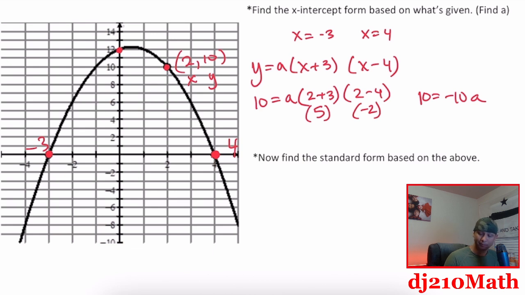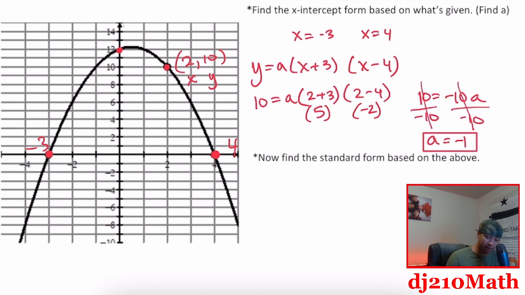Solving for a, divide both sides by negative 10. It cancels on the right, and the left becomes negative 1. So a is equal to negative 1.